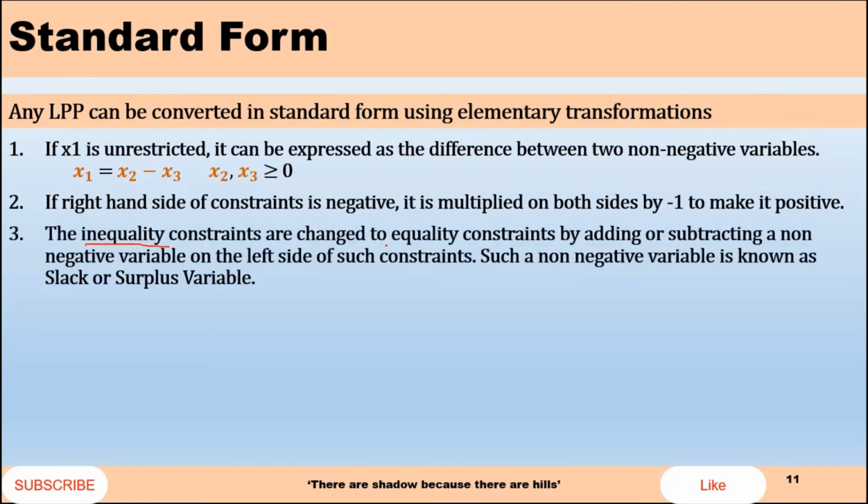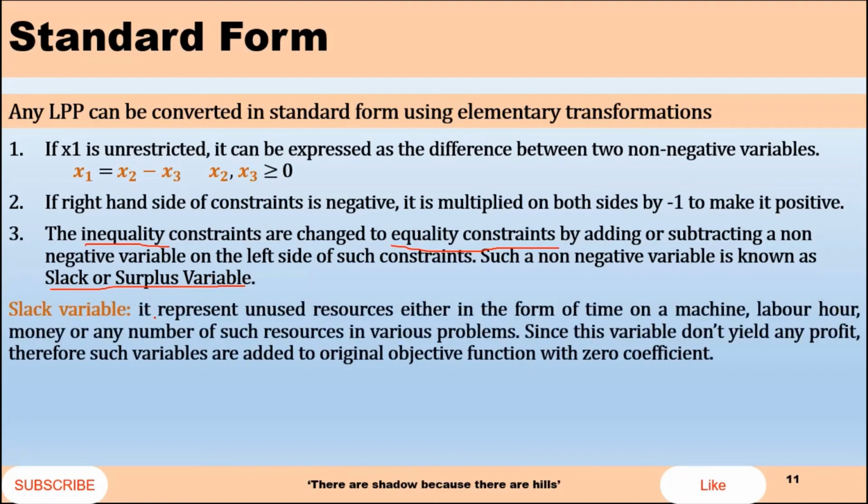Inequality constraints are changed to equality constraints by adding or subtracting a non-negative variable on the left side of such a constraint. Such a non-negative variable is known as a slack or surplus variable. So si indicates a slack or surplus variable. A slack variable represents unused resources, either in the form of time on a machine, labor hours, money, or any number of such resources in various problems.